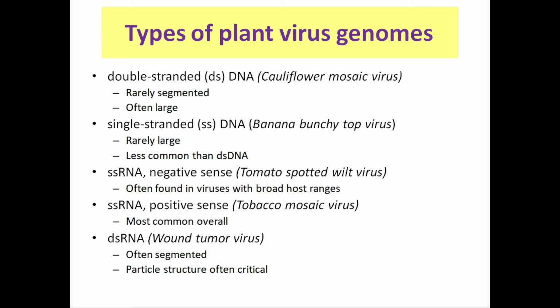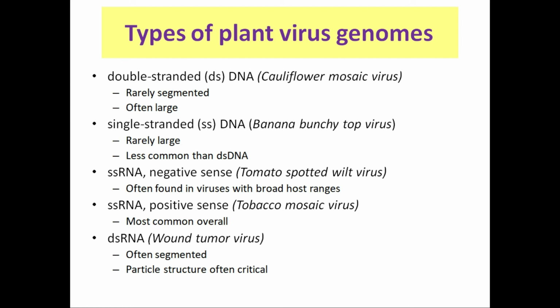Double-stranded DNA genome, we find this in cauliflower mosaic virus or caulimovirus group. Single-stranded DNA as genome, we find it in Gemini viruses, nanovirus, and also this banana bunchy top virus. Single-stranded RNA negative sense, we see this in tomato spotted wilt virus.